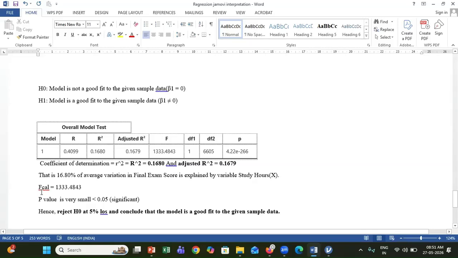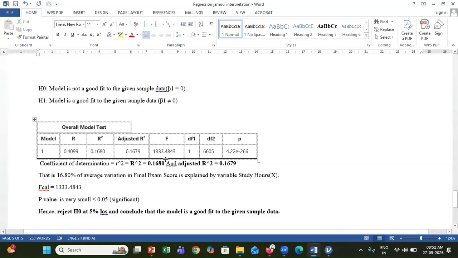Here, before moving to the overall model fit, I will write the hypotheses. The null hypothesis: model is not a good fit to the given data. It means beta 1 equal to 0, or you can write capital R square equal to 0. And H1 you will write as: model is a good fit to the given data. Beta 1 is not equal to 0, or mathematically R square greater than 0.